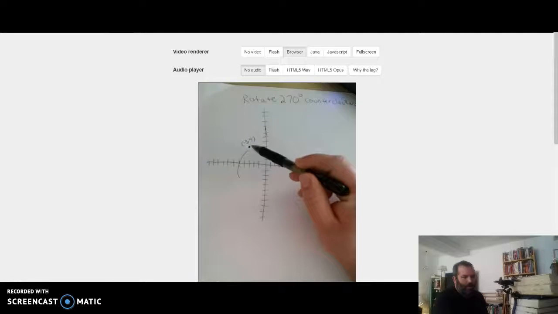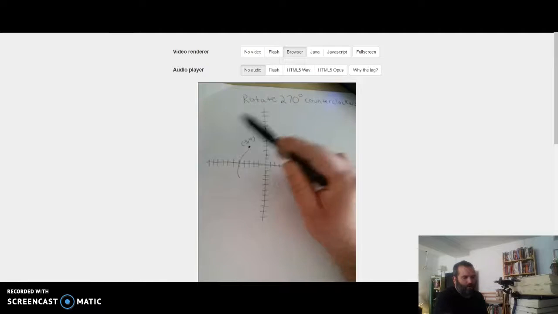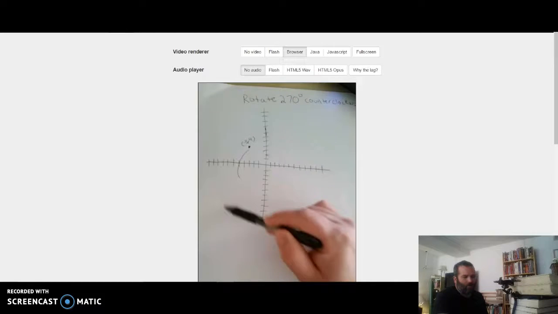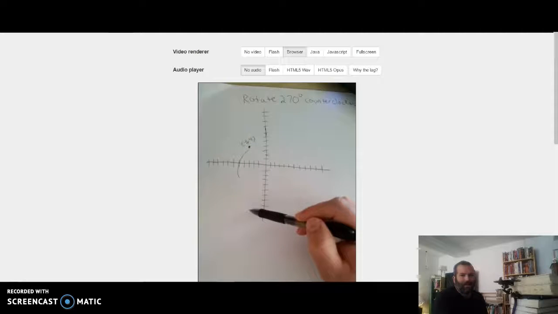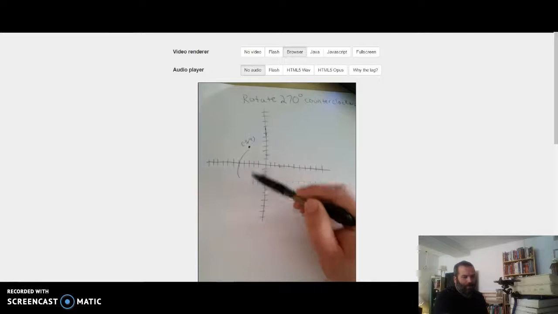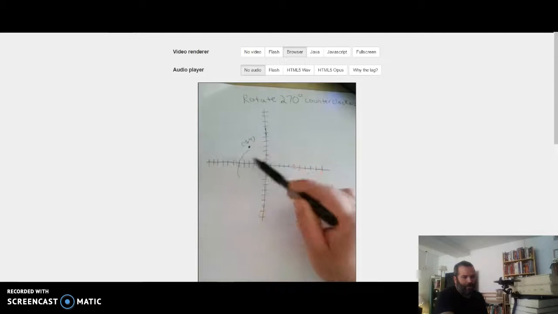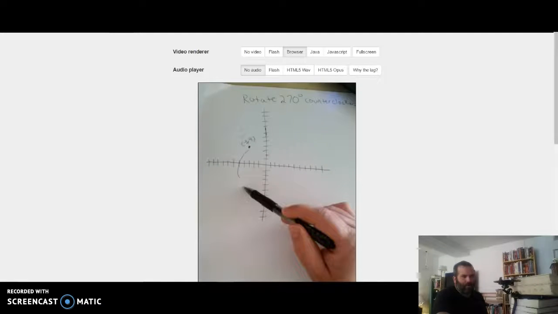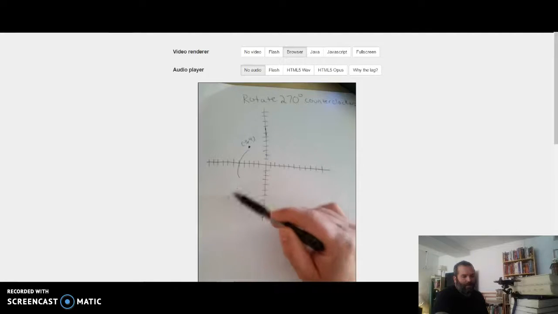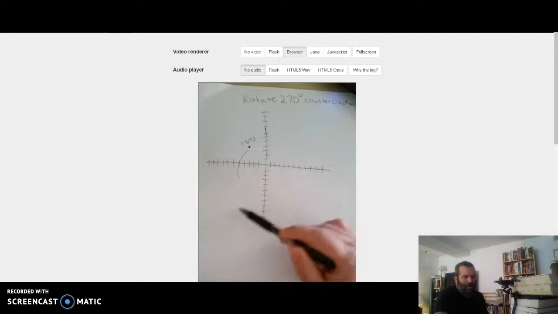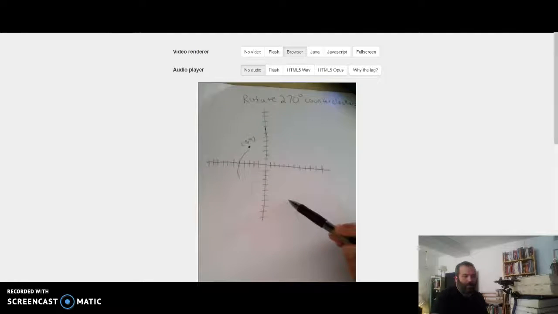Now, as you go from one quadrant to the next quadrant, that's a 90 degree rotation. So if I go from this quadrant here and I rotate it to this quadrant, that's a 90 degree rotation. Now if I go from this quadrant here and rotate it to this quadrant, that's another 90 degree rotation.